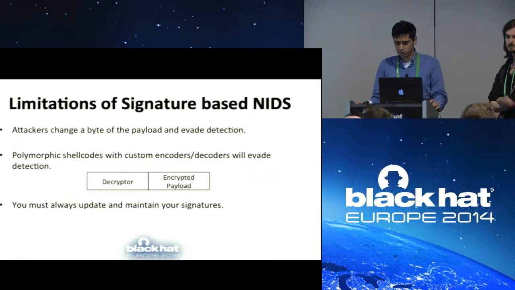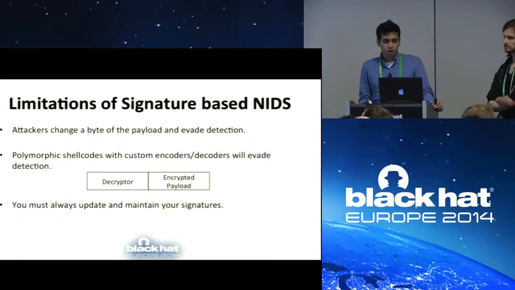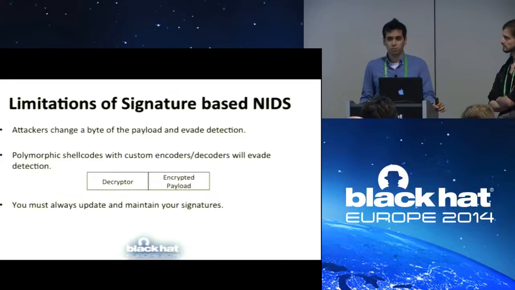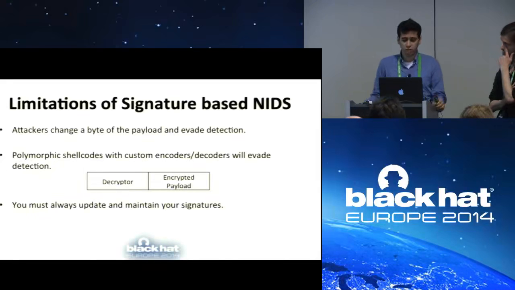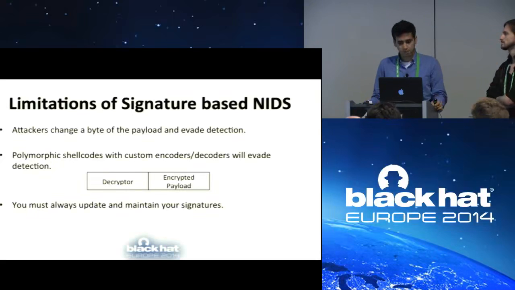It wasn't very efficient because the attackers could change some part of their code, and then you couldn't detect it. Of course, government-supported or more sophisticated attackers could make their own custom encoder and decoder for the shellcodes. And there was always the problem that you have to maintain and update your signatures. That's a big problem.